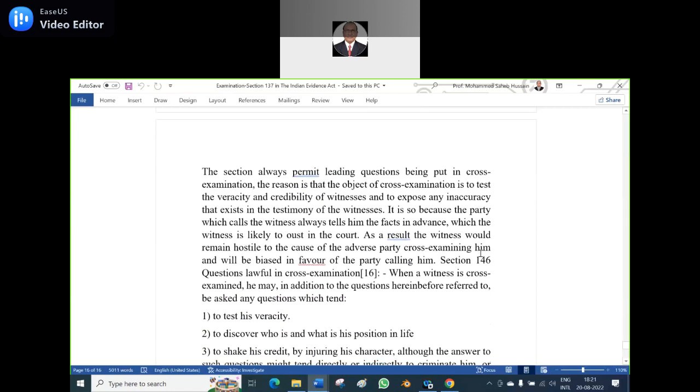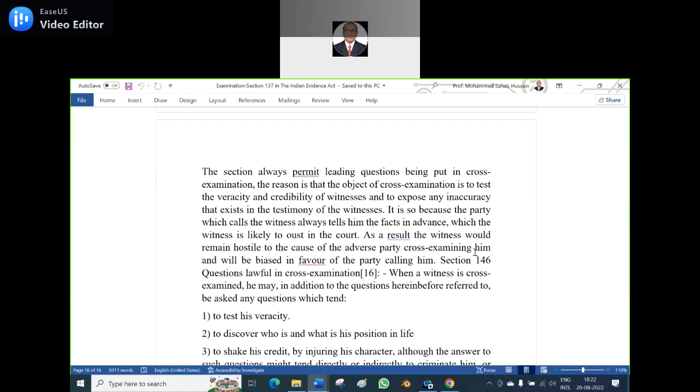So here what they said is, this section always permits leading questions to be put in cross-examination. The reason is that the object of cross-examination is to test the veracity and credibility of the witnesses, to expose any inaccuracy in the testimony. It is so because the party which calls the witness always tells him the facts in advance.